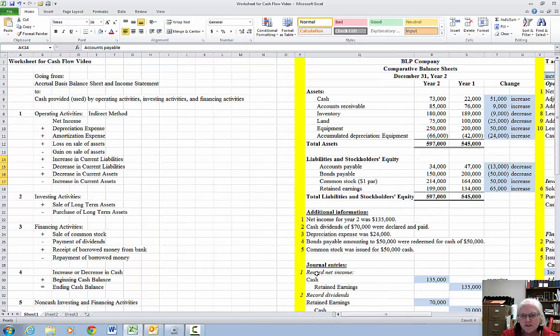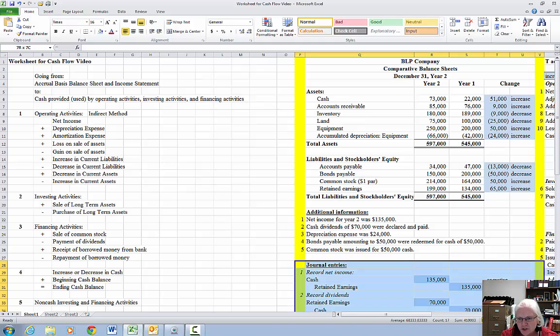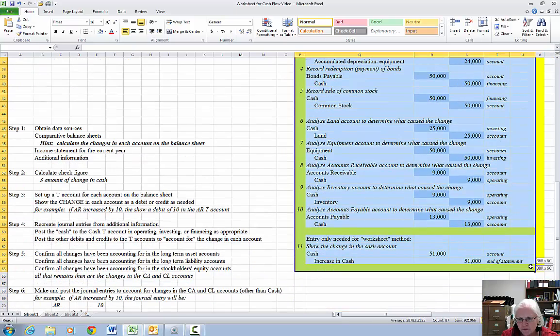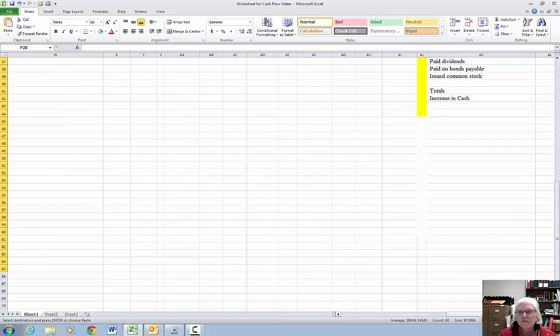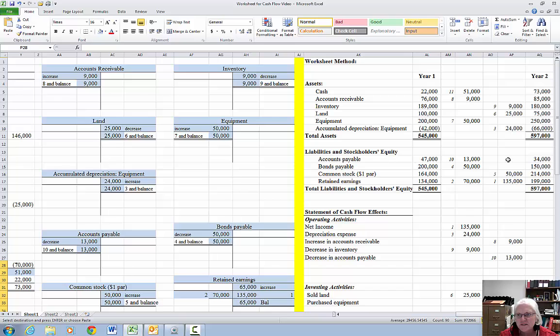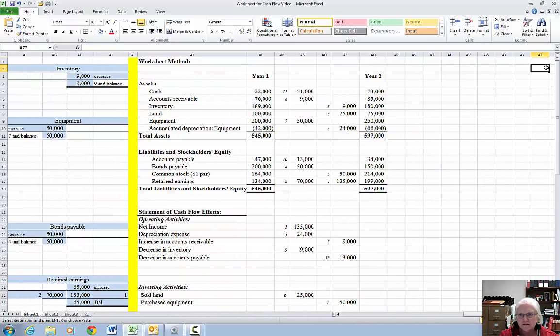Okay, the next thing I'm going to do, we're working with the same general information. So I am going to take these journal entries plus the piece for the worksheet right here, and I'm just going to copy it over so it's easier for us to see.